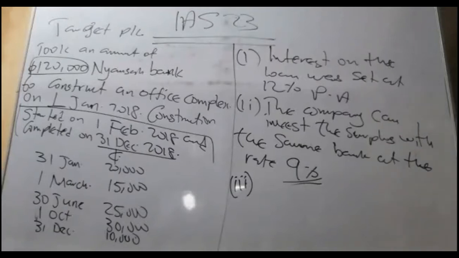Second, calculate the total cost of the assets and determine the carrying amount of the assets in the 2018 and the 2019 financial year. Full stop.